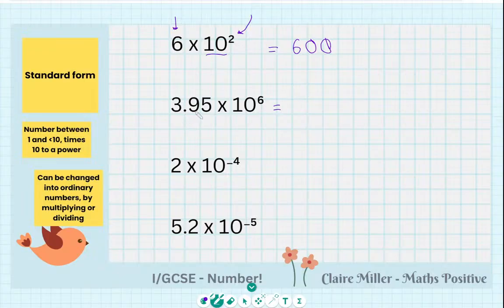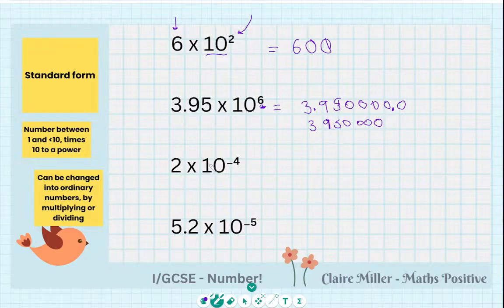Remember, 3.95 is just like 3.950000, an infinite number of zeros after that. So we need to move the decimal point 6 times in the direction that makes the number bigger. 1, 2, 3, 4, 5, 6. We end up with 3,950,000.